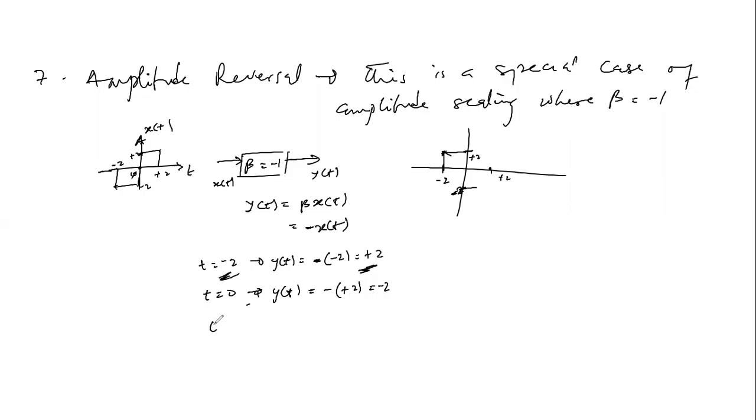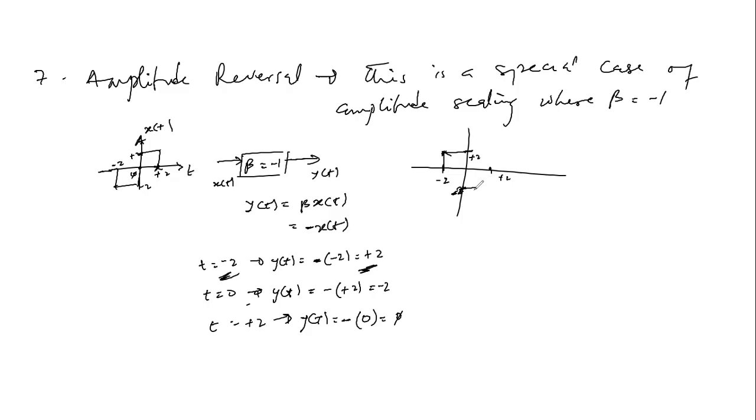And then at t equal to positive 2, y of t is the same as negative times 0, because at t equal to positive 2 the amplitude reduces to 0, which is approximately equal to 0.